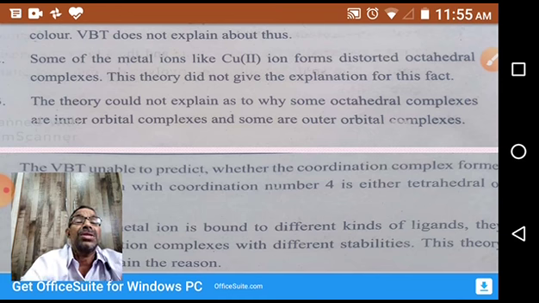It says it is due to inner orbital and outer orbital, but what is the reason? Same metal ion with different ligands gives different complexes, with different multiplicity, that means high spin or low spin. Spin is differing, and this is not explained by our valency bond theory.